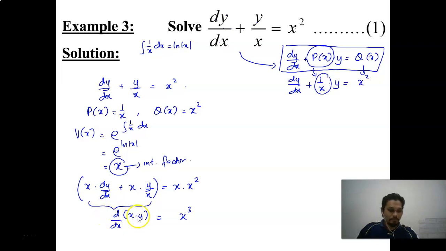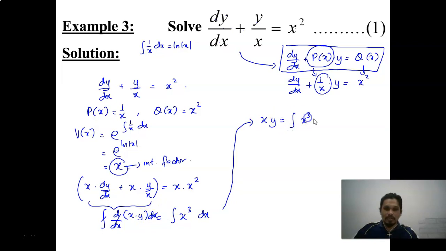And now integrate this with respect to x and also integrate this with respect to x. So the integration and differentiation cancel each other here. Now you come out with xy equal to the integral of x cubed dx. So you come out with x to the power of 4 divided by 4 plus c.